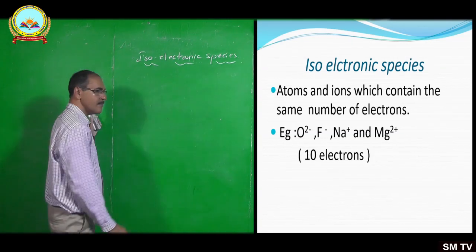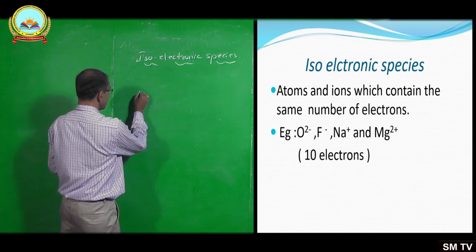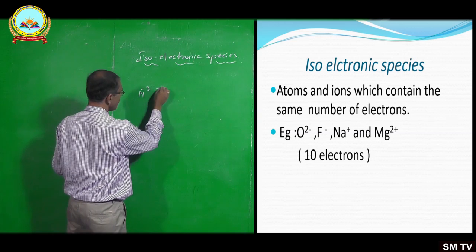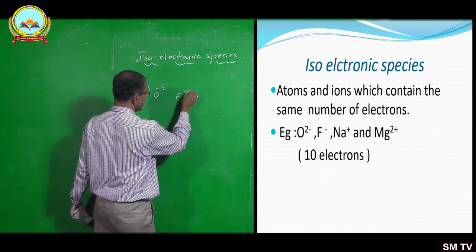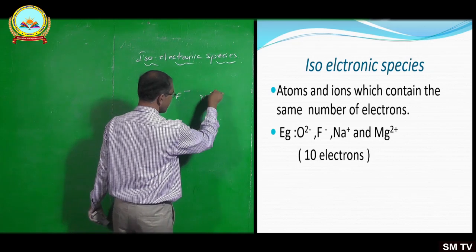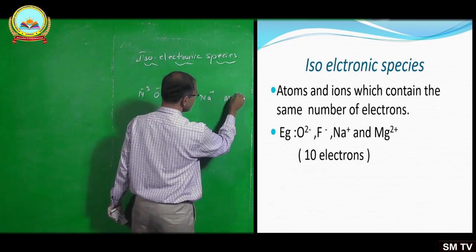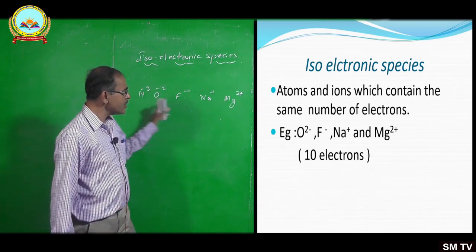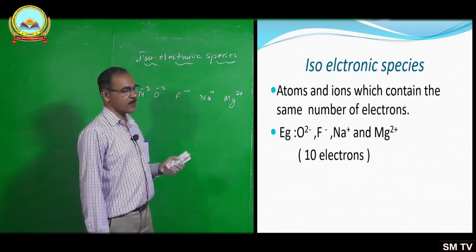For example, N minus 3, O minus 2, F minus, Na plus, Mg 2 plus, Al 3 plus, all these have the same number of electrons.